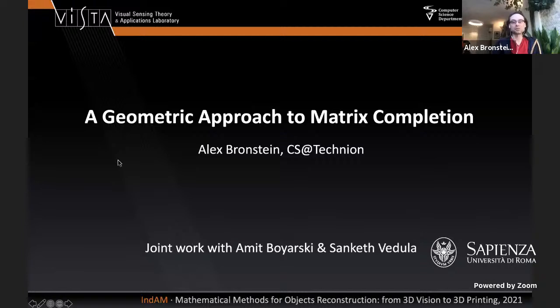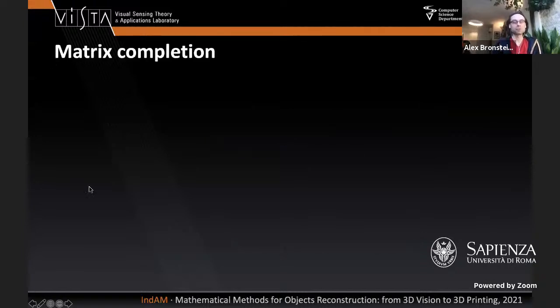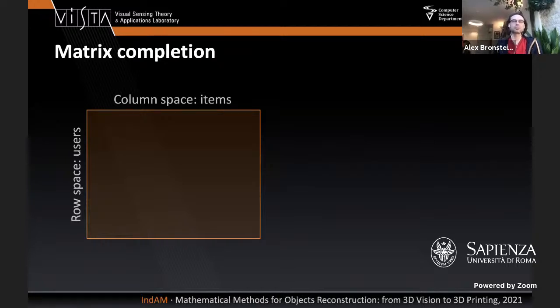So let me start with the general formulation of a matrix completion problem. I assume that I have some domain, or actually two domains. Let's call them row space and column space. Let's take the canonical matrix completion problem, a recommender system that Netflix introduced some time ago.